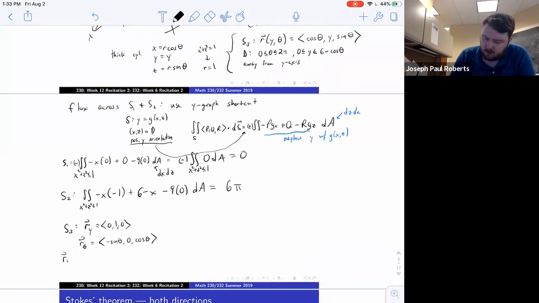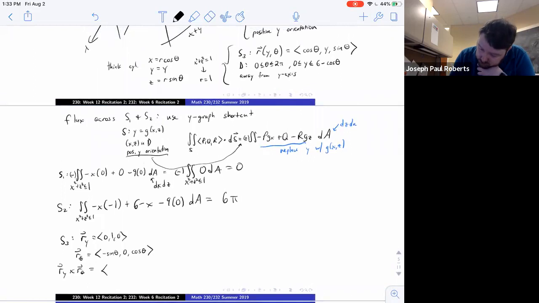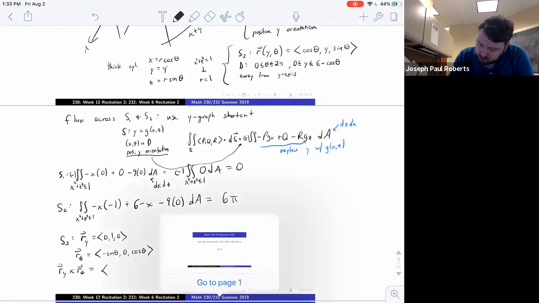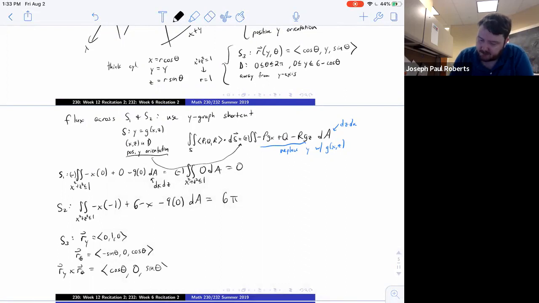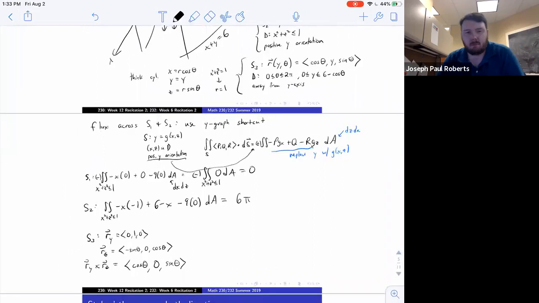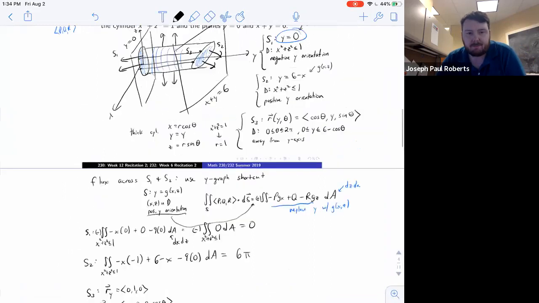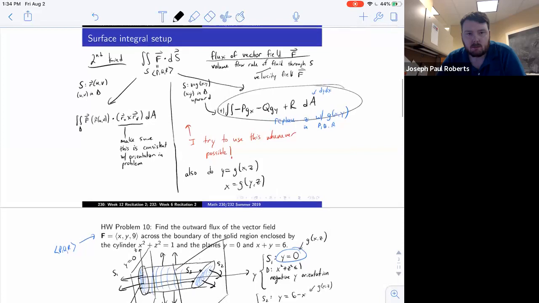And then R_y cross R_theta is cosine theta, 0, minus minus sine theta, which is sine theta. And if you remember, a few minutes ago I mentioned you have to make sure that this is consistent with the orientation in the problem.